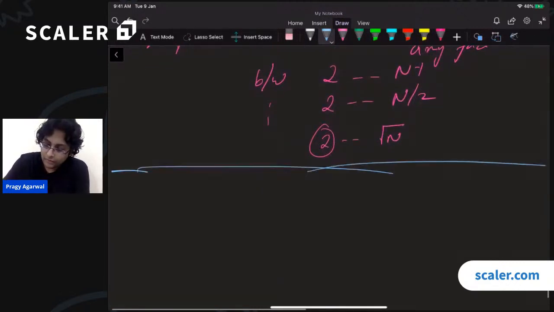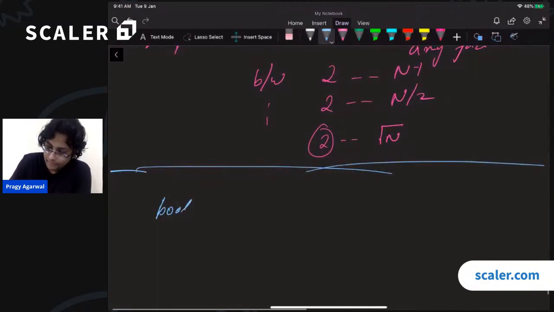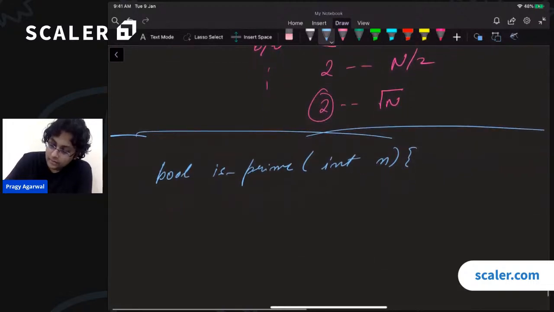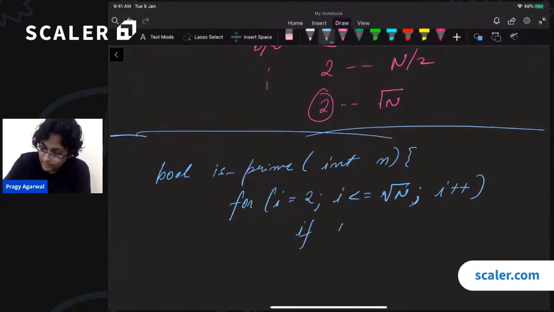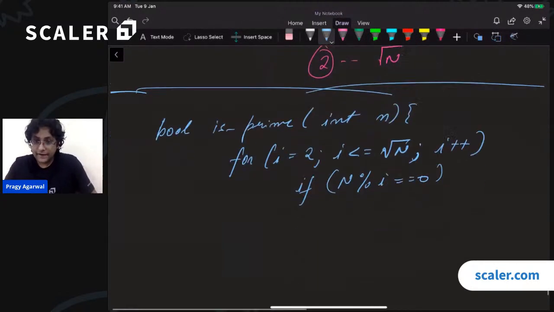We can say Boolean is prime, we have an integer n, and now we don't need that count anymore, because we are just checking if there is a factor or not. So for i goes from 2 all the way till square root of n, i plus plus, if n mod i equals 0, if we did find a factor, then what can we say?